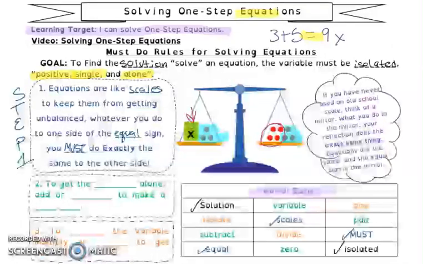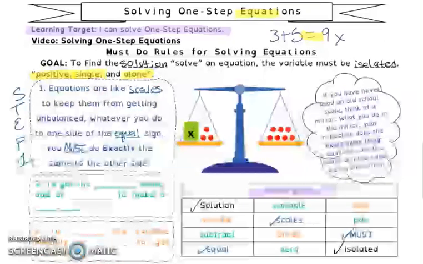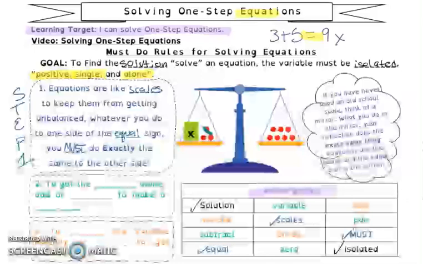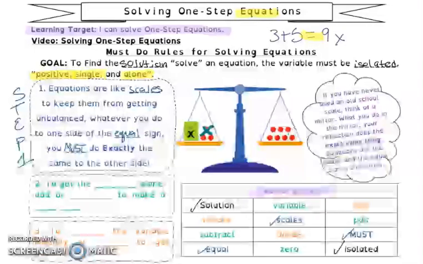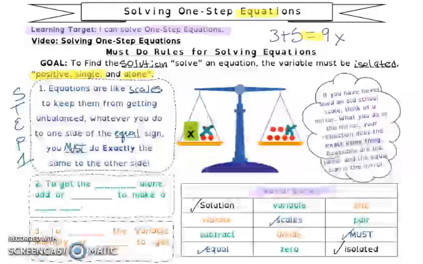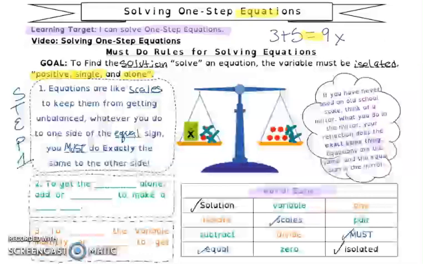What else that means is if we decided that we wanted to take away one of these circles, we can take away one of these circles, right? But if I take one from this side, then I have to also take one from this side. If I want to take 2 away from one side, I have to take 2 away from the other side. And on and on and on.